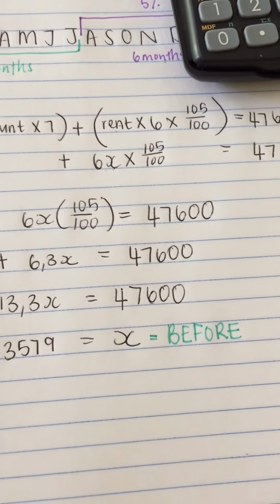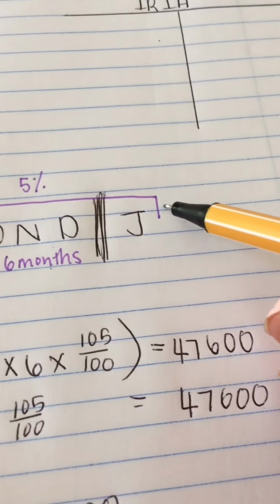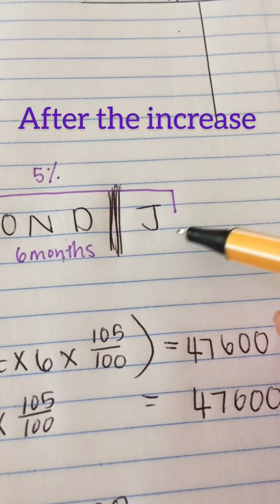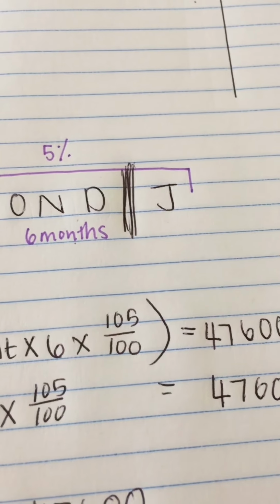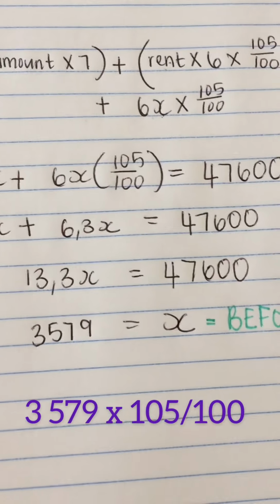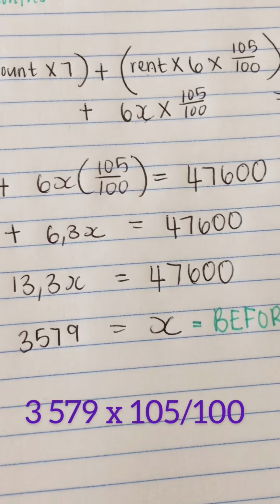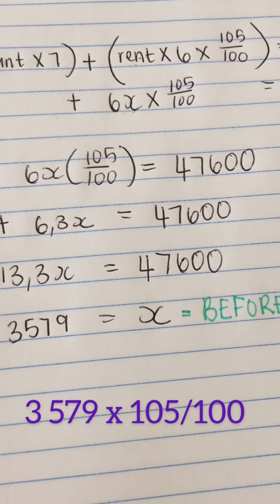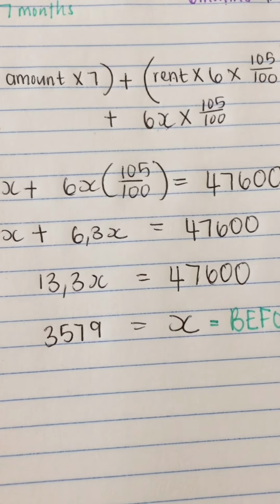Okay. But now, this is the amount before the increase. I need to work out that amount. I want to take out the 13th month. So I need to take 3,579. I must then go and multiply it with 105 divided by 100 because I need an increased amount.